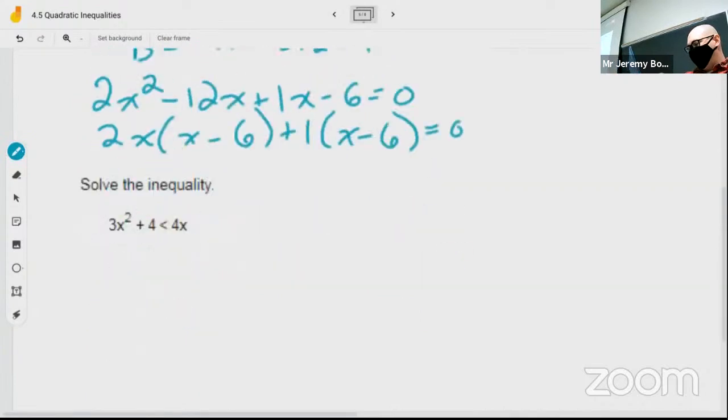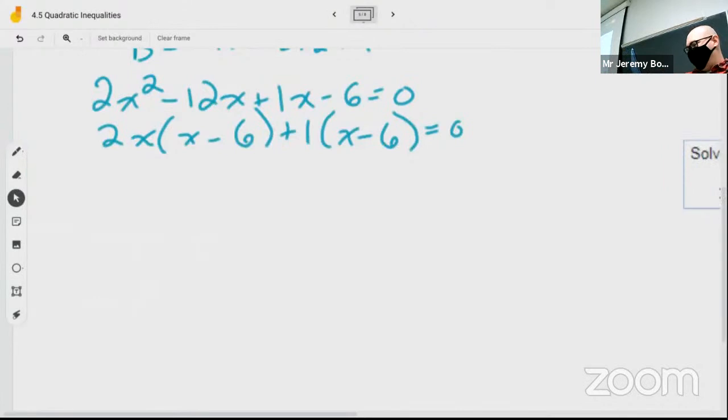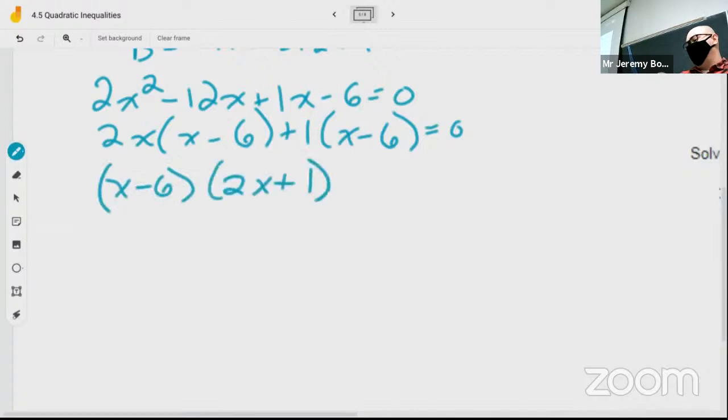So what we end up with is x minus 6 times 2x plus 1. So if we solve both of those, we get x is equal to either positive 6 or negative 1/2.